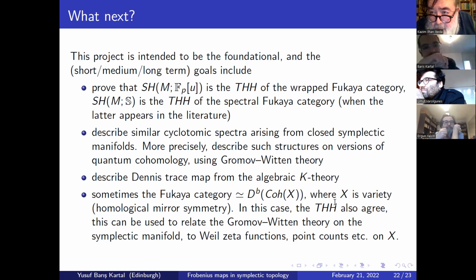So for instance, if you can have a mirror over FP, then you must have an exact symplectic manifold. Yeah, yeah. Then there is no Gromov-Witten theory. Yeah, sure.